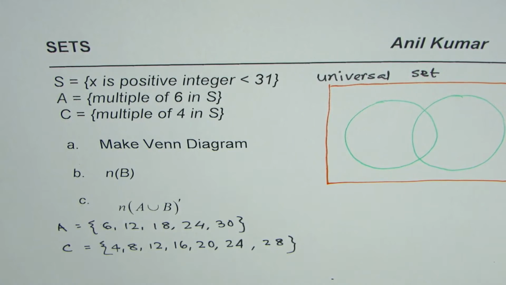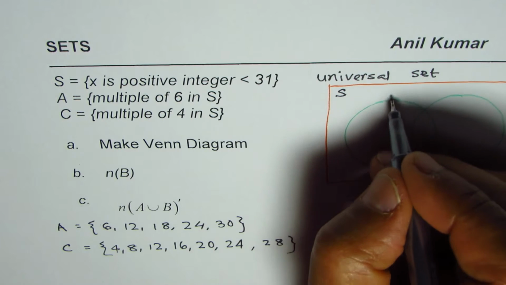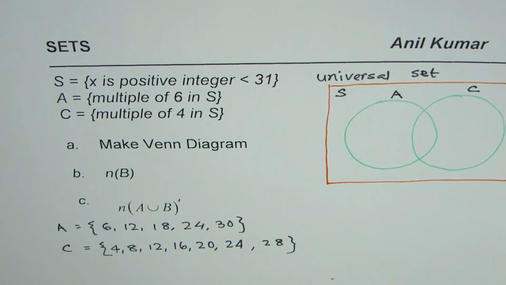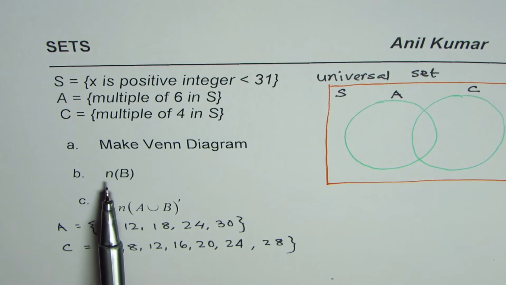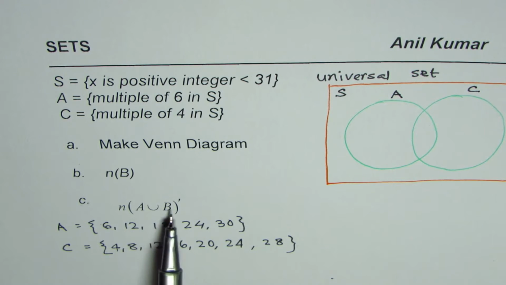That is how you should always do it. So the universal set is S, and these are the sets A and C. Now we need to count how many elements are in set A, and then find how many are in the union of A and C and its complement. Now the intersection of A and C.